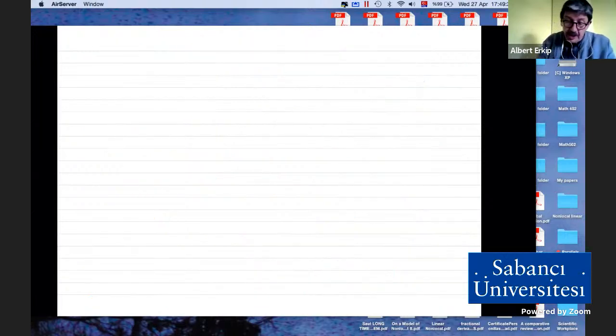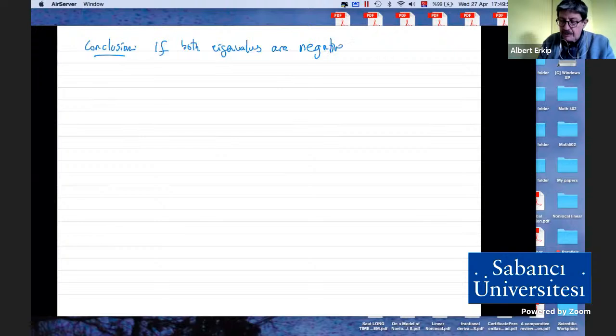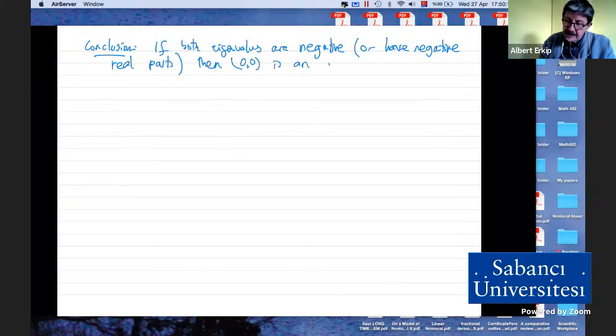So the conclusion from last time: if both eigenvalues are negative or have negative real parts, then 0, 0 is an attractor.